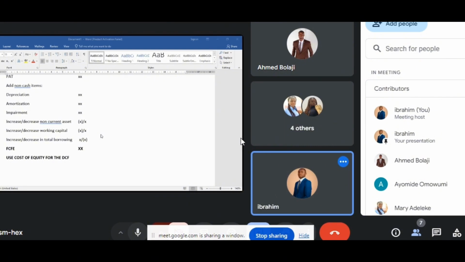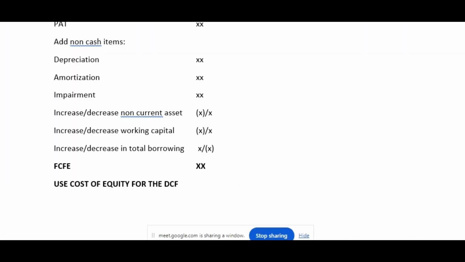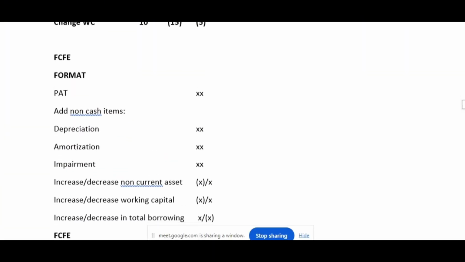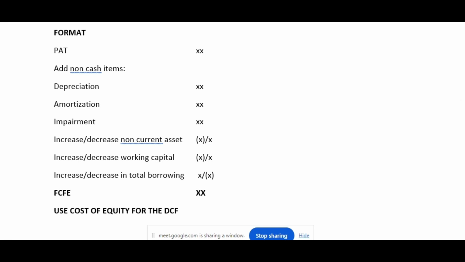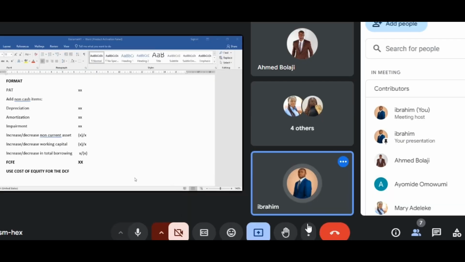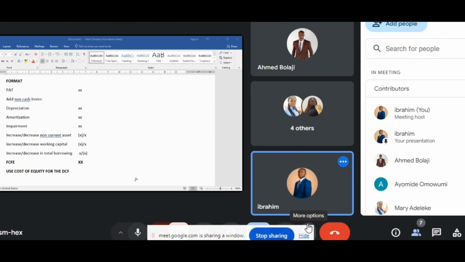So I think, do you have any question? You can see the difference between the free cash flow to equity and free cash flow to the firm. This does not consider interest because it is for equity holder.